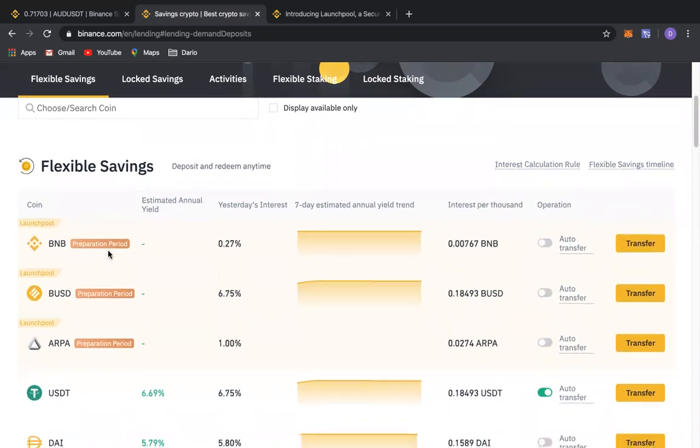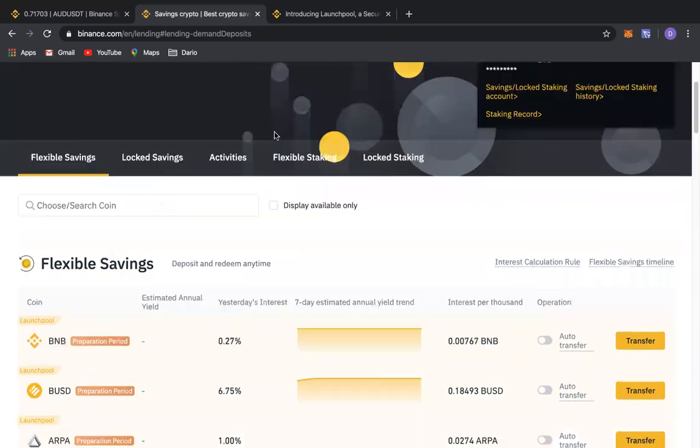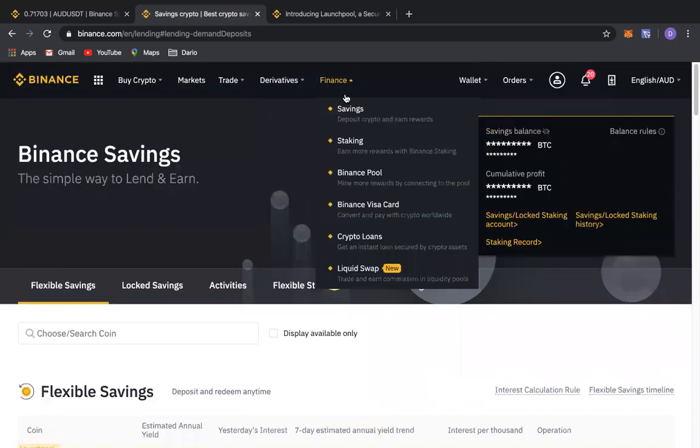And the top three, you can see how they're yellow. That's because right now Binance is doing a pool as well, just like all these other DeFi tokens at the moment. If you go to finance at the top, you can go to liquid swap.